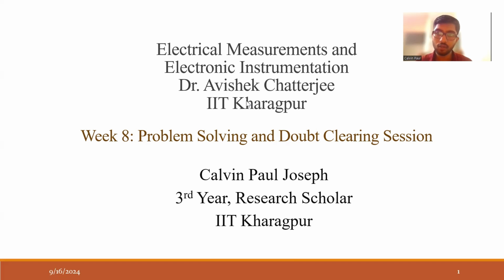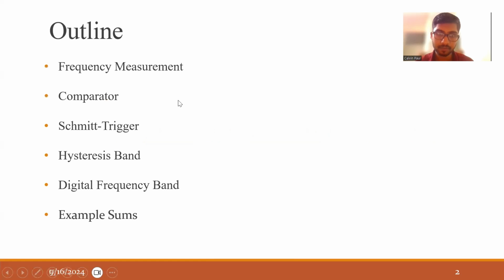So, the outline of what I will teach today is as follows. Today I will talk about frequency measurement, like why in a practical case we need to measure the frequency of something. I'll also consider how we can use a comparator to measure frequency. Then, why do we need a Schmitt trigger?